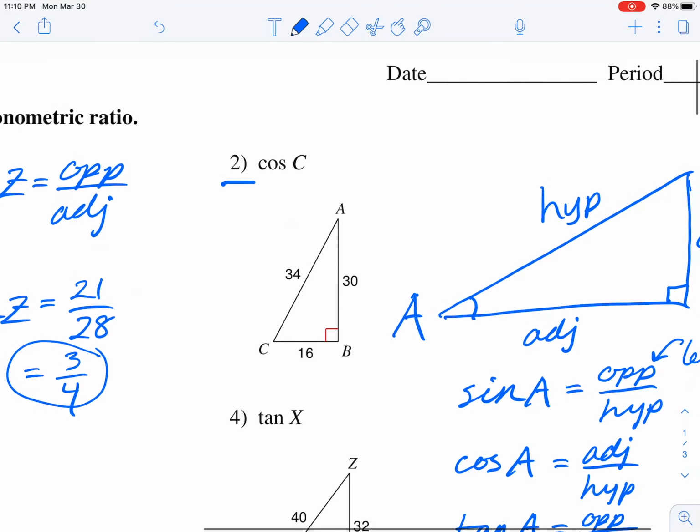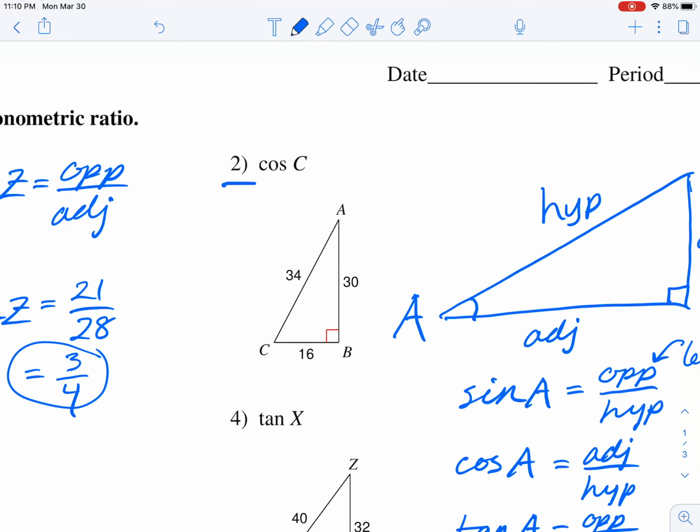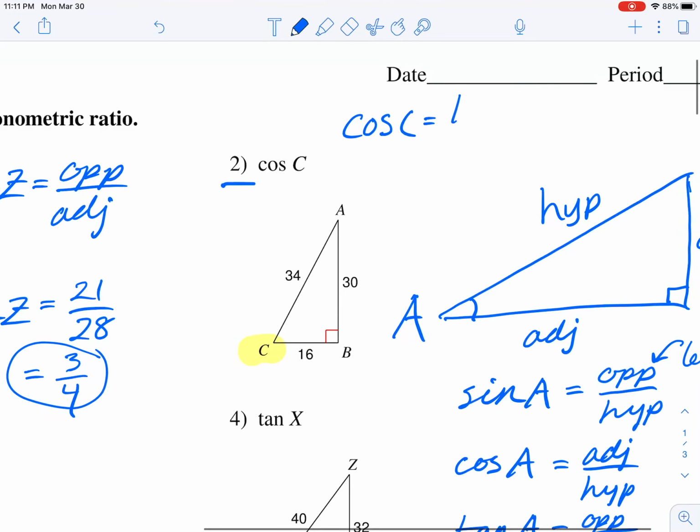Now that was tangent. Let's take a look at cosine. So the cosine of C, again, let's highlight the angle we're talking about. The cosine of C would be the adjacent side, the 16, over the hypotenuse.